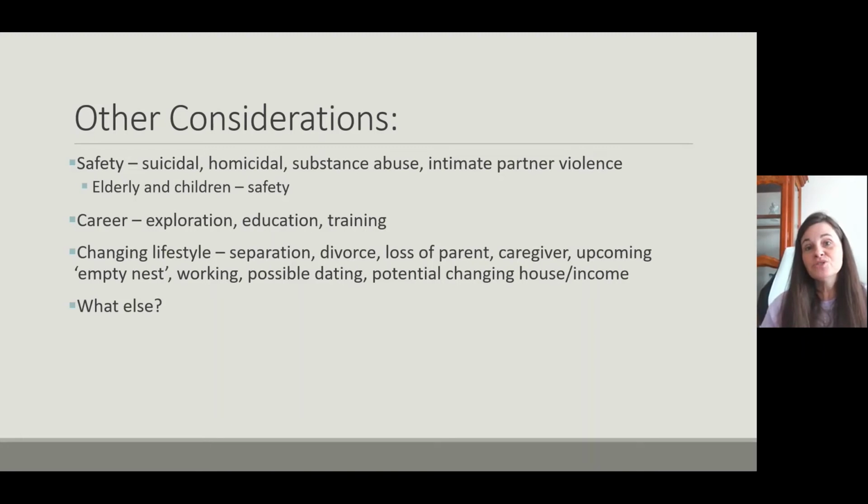And then there's the potential of a changing home. She may have to move, she may have to relocate. She may also have changes in income. If they were going from a different income, and she's now having to step in as the primary income driver, that could be a switch or a change. Is she used to managing the whole household by herself?